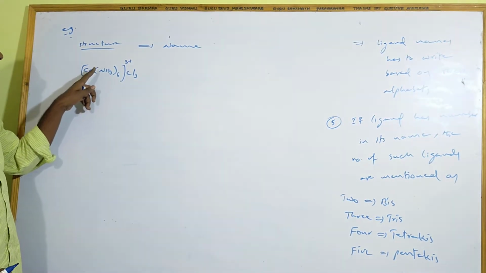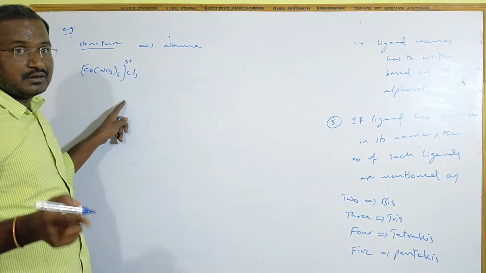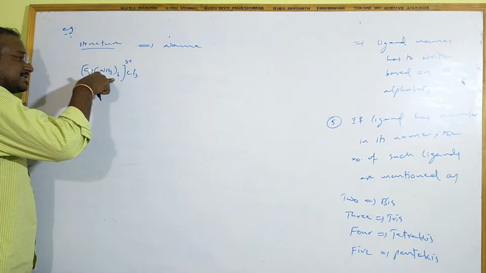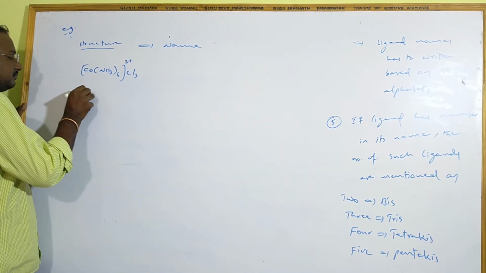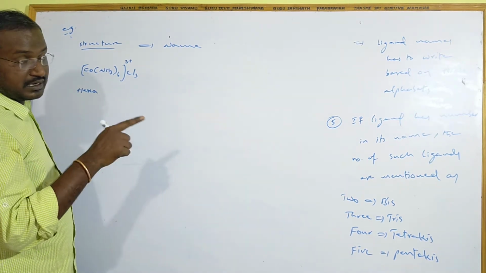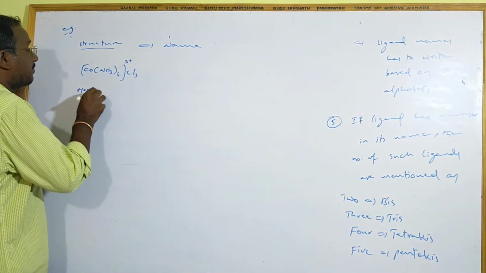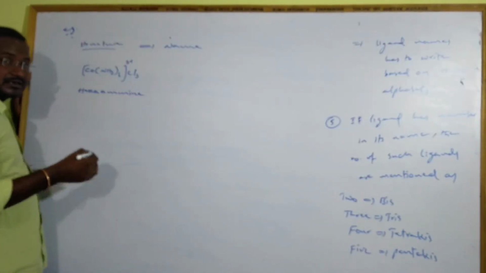Six are there, so we write hexa. NH3 has a special name, already I wrote that. What is that special name? Ammine. After that, ligands are completed.